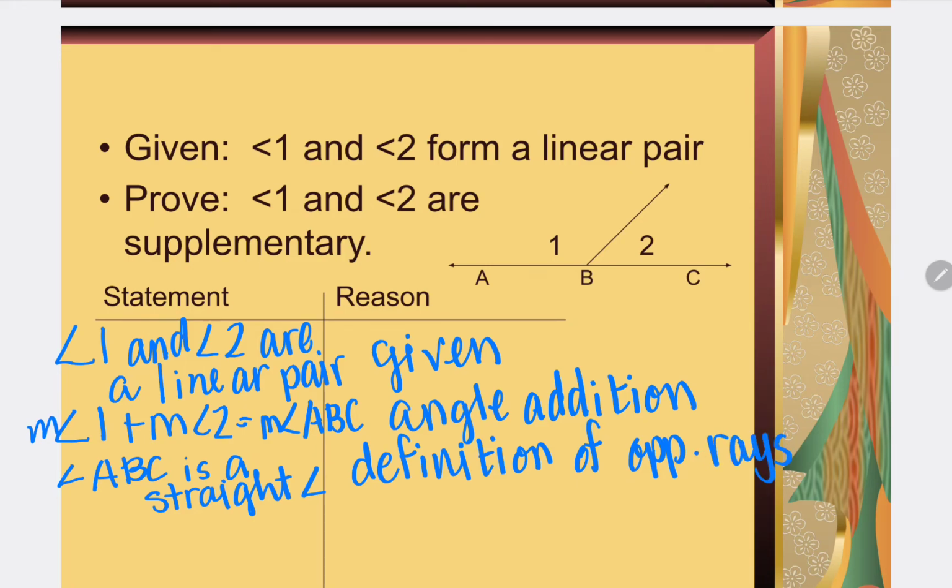And therefore, the measure of angle ABC is 180 degrees, and that is the definition of straight angle.